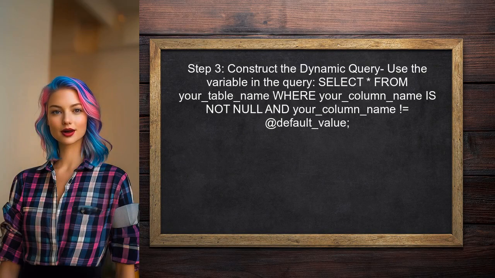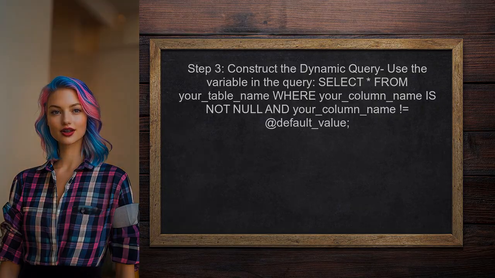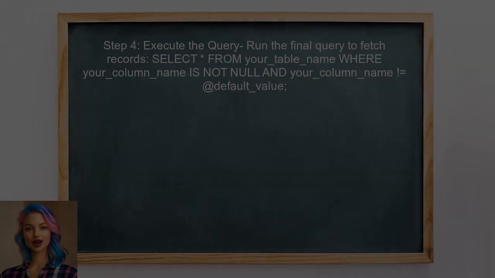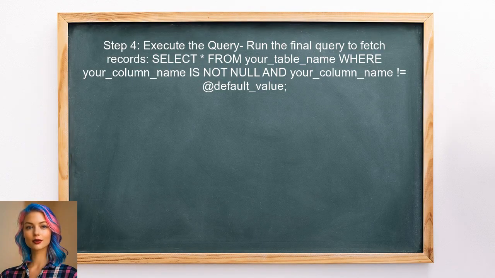Now the user can construct a query that checks for records where the column value is not null and not equal to the dynamically retrieved default value. This ensures that the query remains valid even if the default value changes. Finally, the user can execute this query to fetch the desired records. This method provides a flexible solution that adapts to changes in the default value without requiring manual updates to the query.